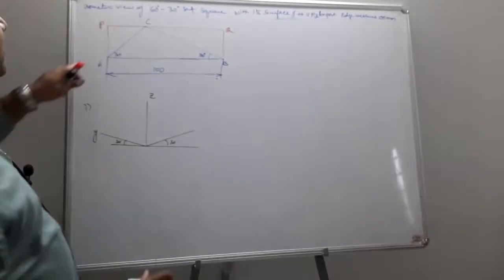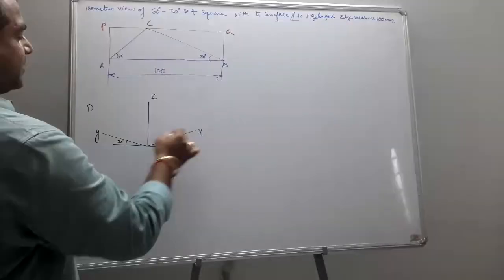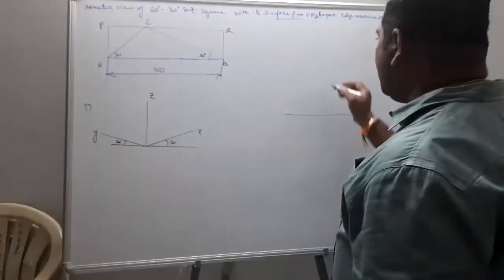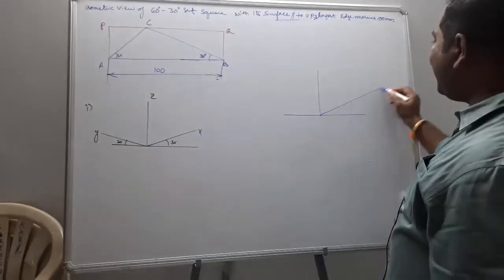What are the vertical planes we have? Either XZ or YZ is going to be my vertical plane. If I consider XZ, you just draw the horizontal, and you just draw the Z, this point, and draw the line like this. This becomes your X, this becomes your Z.